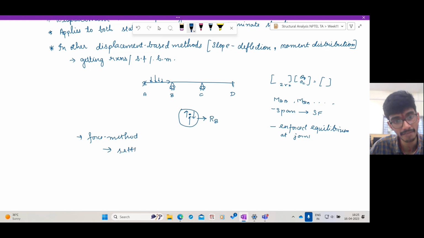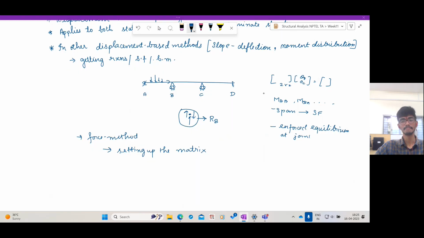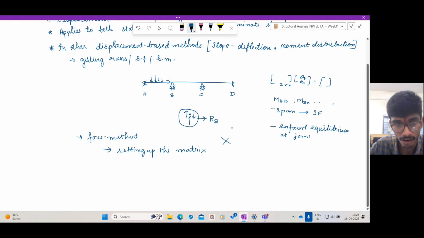Setting up the matrix system itself is difficult, because for each of them we needed a statically admissible set of forces. Statically admissible means we have to ensure that the unknowns we are considering altogether satisfy equilibrium. So the primary structure and the other redundant structures had to be solved by equilibrium. Again, that is not computer friendly. So the force method cannot be programmed at all.